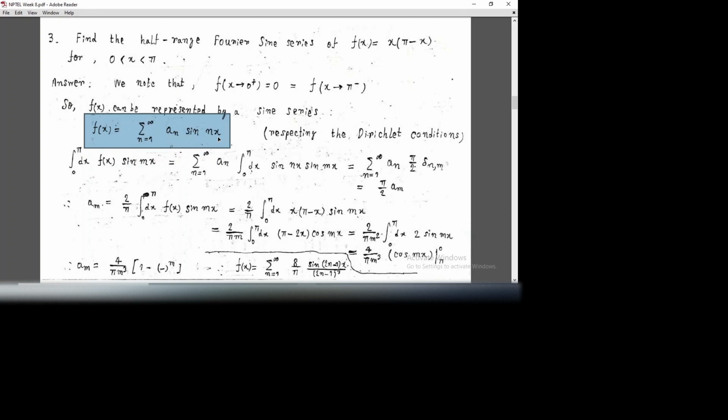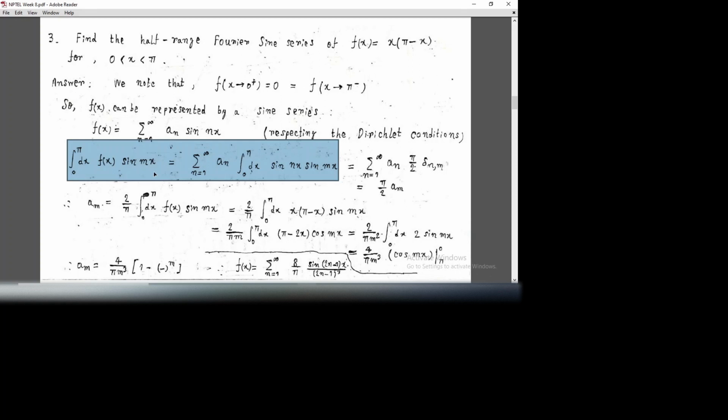After writing it like that, now I will try to find the Fourier coefficients. And how do we do that? We take integration of both sides of the Fourier series, and that is what I have done here. So I will now integrate both sides of this Fourier sine series with sine mx.